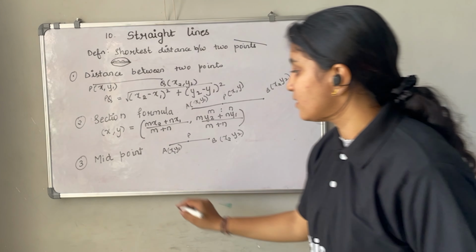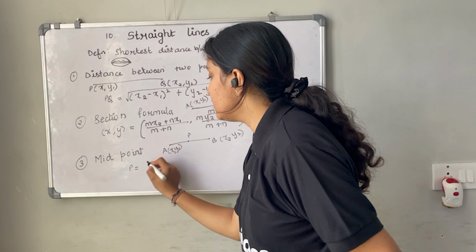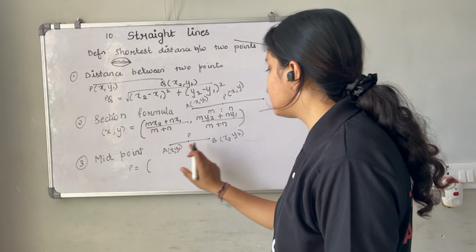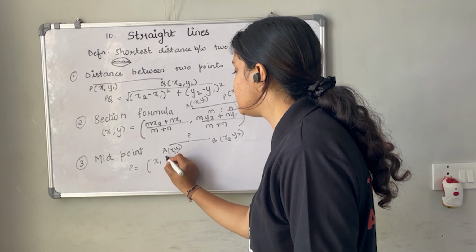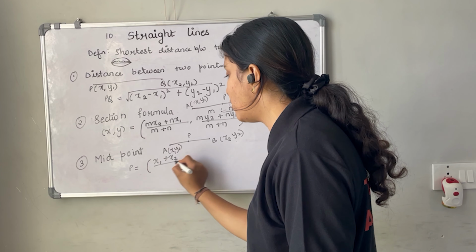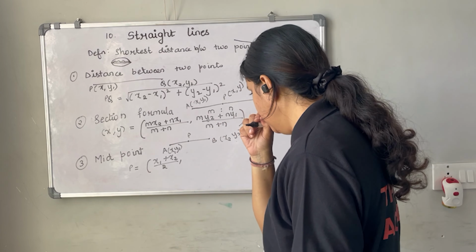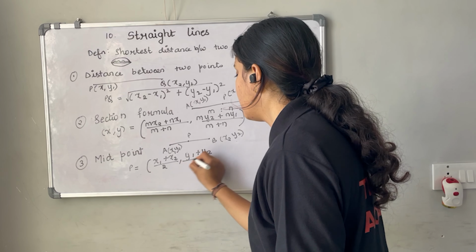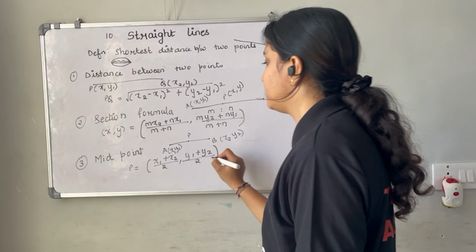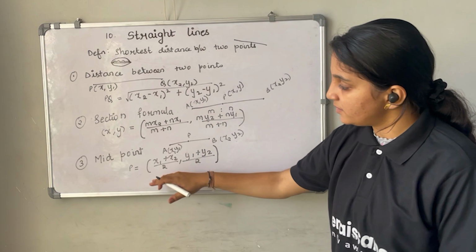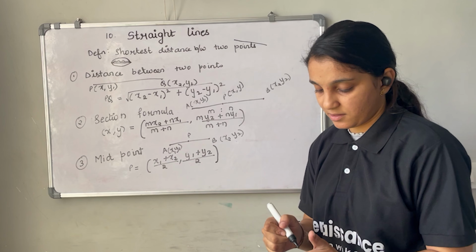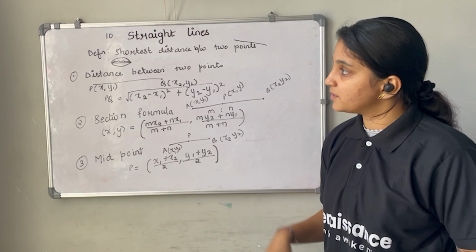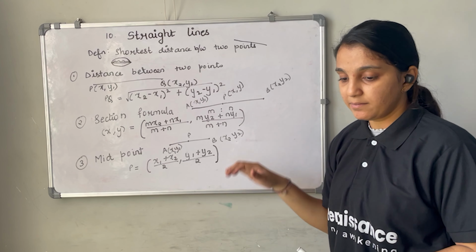Then the midpoint is given by (x1 plus x2) upon 2, comma, (y1 plus y2) upon 2. This is the midpoint formula. Just have a look at this one more time.